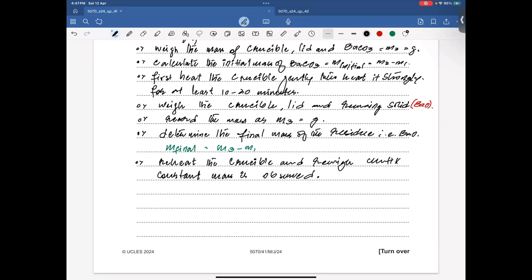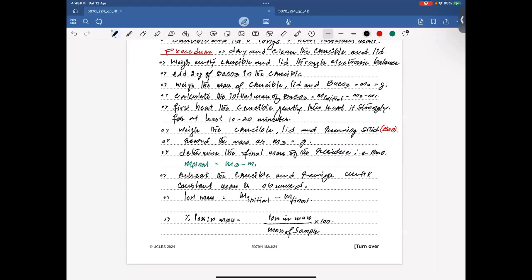All right. On the basis of that, I can find the lost mass. So I will subtract the mass initial from the mass final, and I will get the lost mass. On the basis of that, I can calculate the percentage loss in mass. And the formula I gave is loss in mass divided by mass of sample, into 100. I hope it makes sense to you.